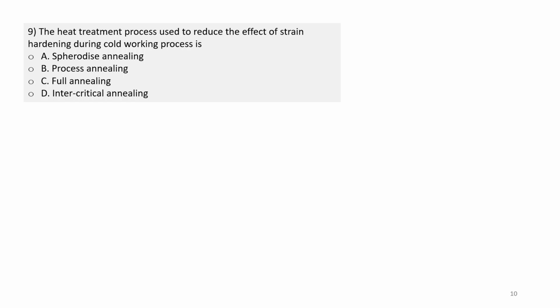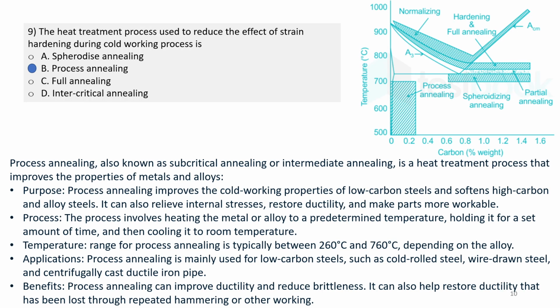Ninth question: the heat treatment process used to reduce the effect of strain hardening during the cold working process is? Your options are spheroidized annealing, process annealing, full annealing and intercritical annealing. The correct answer will be process annealing. Process annealing is also known as subcritical annealing or intermediate annealing, a heat treatment process which improves the properties of metal alloys.